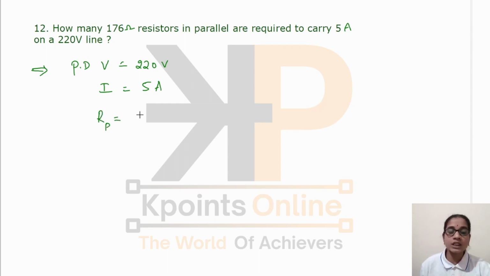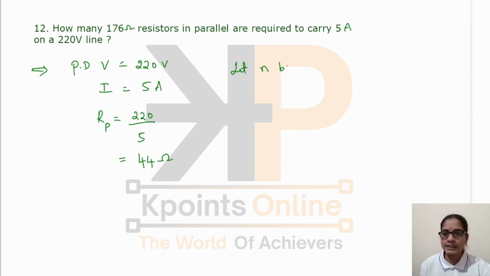Let Rp be the total resistance, which is given by 220 upon 5. It is equal to 44 ohm. Now the question is, how many 176 ohm resistors should be connected in parallel in order to get the equivalent resistance of 44 ohm?